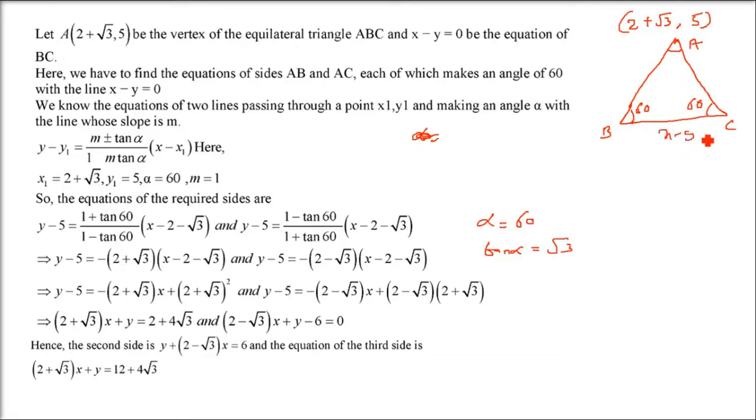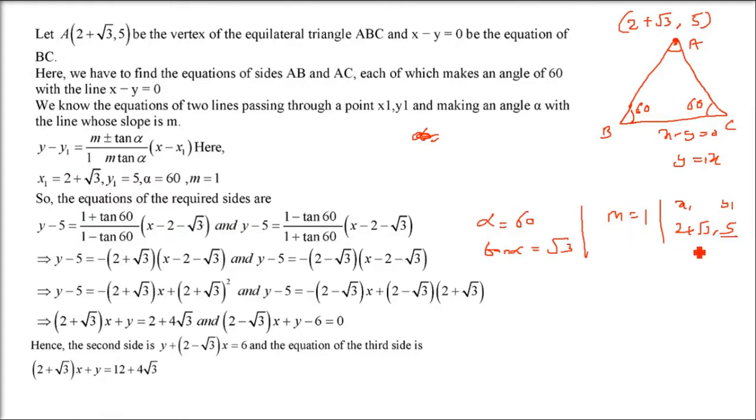So we have the equation of BC as x minus y equals 0, that means y equals x. So m is 1 here, the coefficient of x. So we have tan alpha, and we have this x1, y1, which is 2 plus root 3 and 5. We know the equation now.